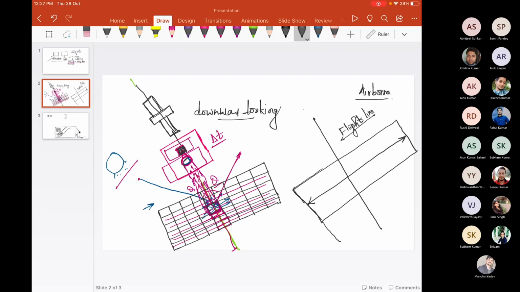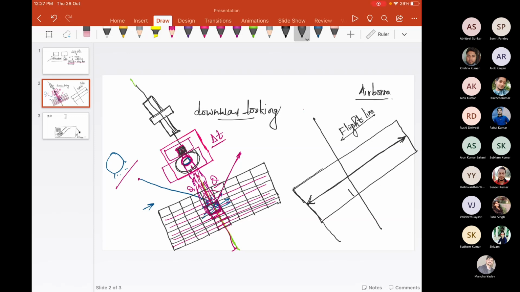From the ground resolution cells, energies need to be collected. So across the flight line, how much width can be covered? It depends on what kind of rotation provision we are providing at the optical component. If we do not provide any rotation to the optical component, what will happen?